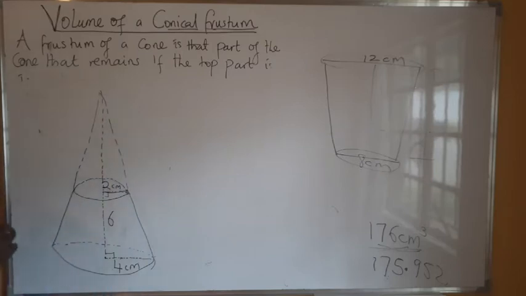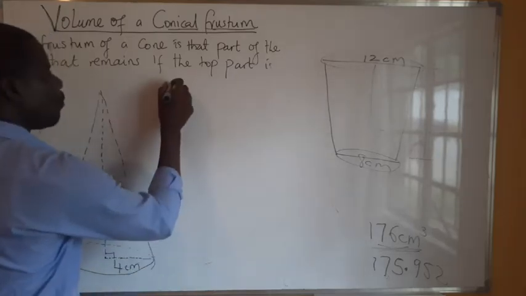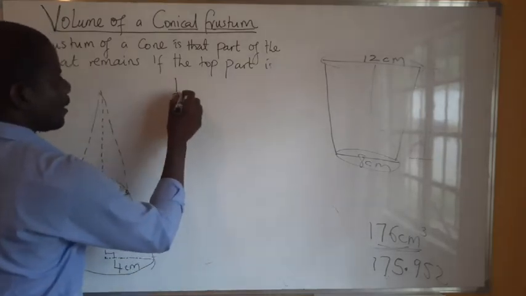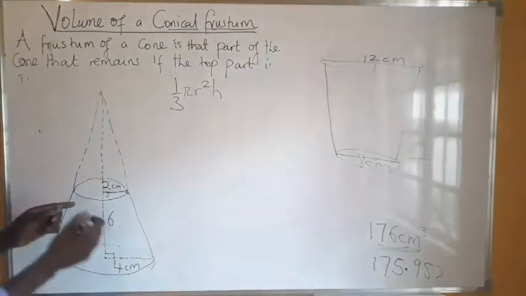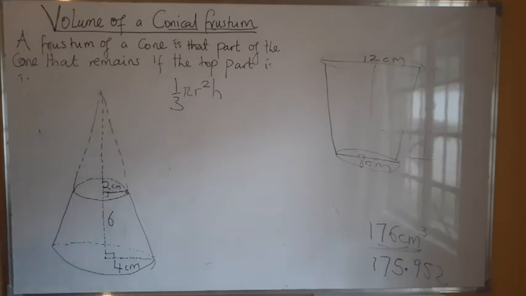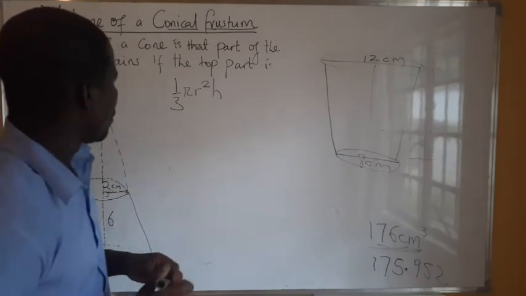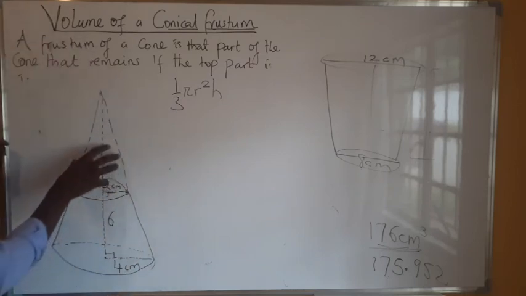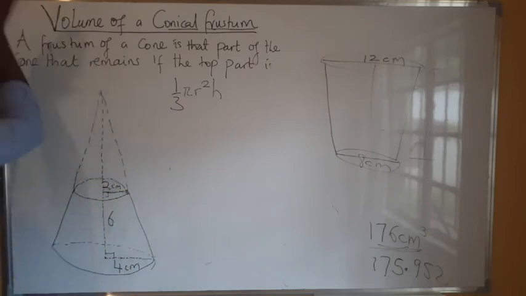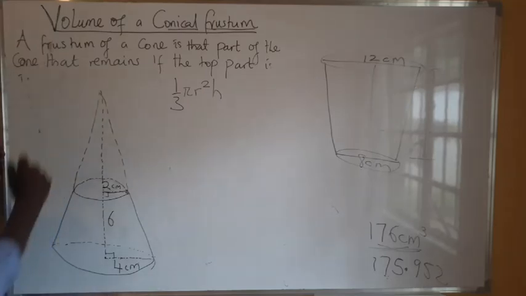I'm trying to work out this using the other formula. So you know that the formula to find the volume of a cone is 1/3 pi r squared h, isn't it? So what we want to do here is find the volume of a bigger cone and the volume of a smaller cone which was removed. Then later on we subtract.